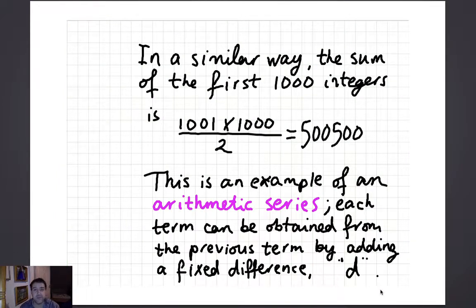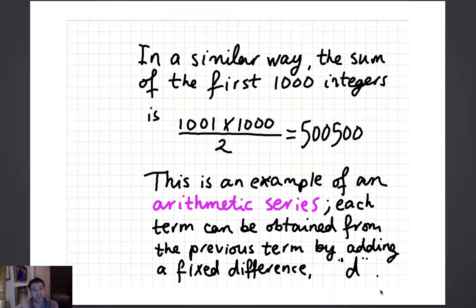In a similar way, the sum of the first 1,000 integers would be 1,001 times 1,000 over 2, because you'd have lots of things vertically adding up to 1,001, like 1,000 plus 1, 999 plus 2, 998 plus 3.